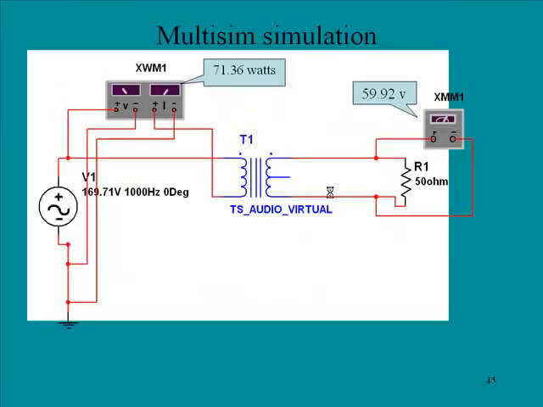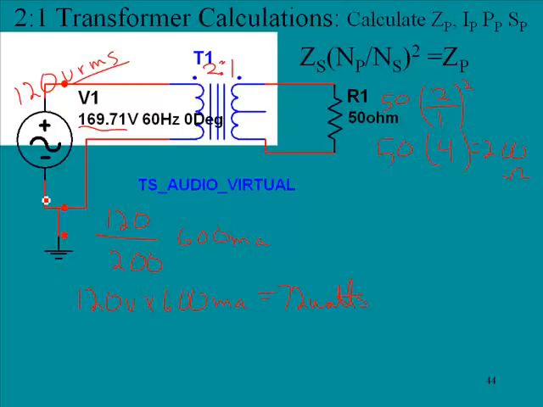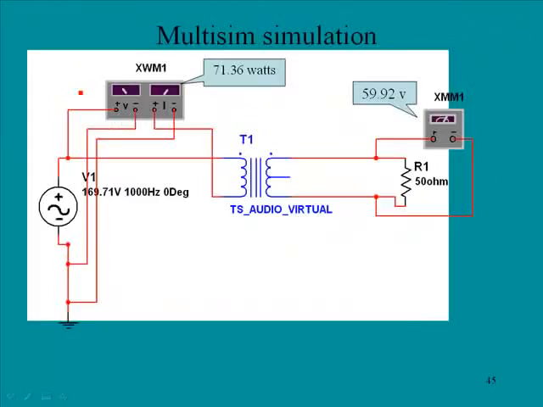Now on the next screen I have a Multisim circuit that you see here. This is the same one that we just looked at. You'll notice the 169 here and the 50 ohms. I put a voltmeter in here, and these are the actual values that Multisim gave. Notice it's 59.92.